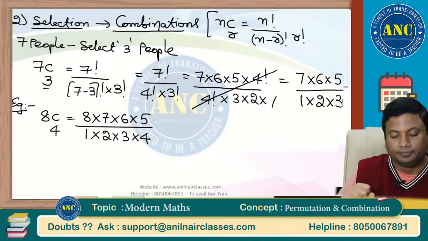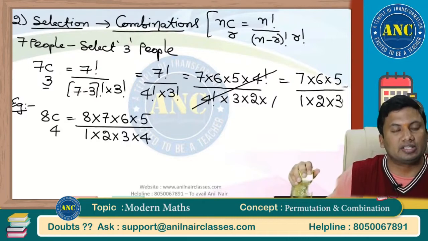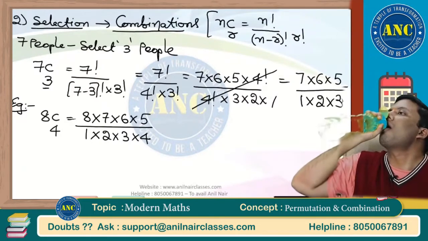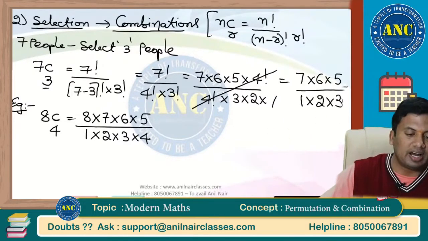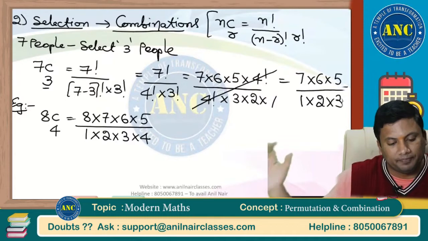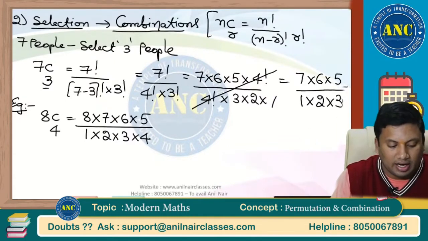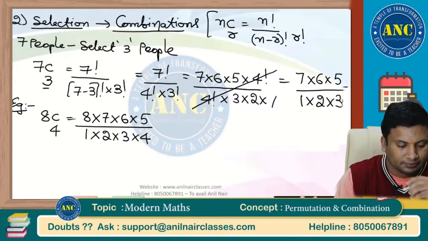This is how nCr is represented. Selection is combinations, arrangement is permutations. I hope it is clear, right?